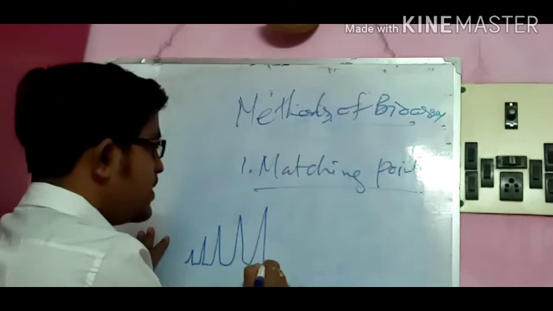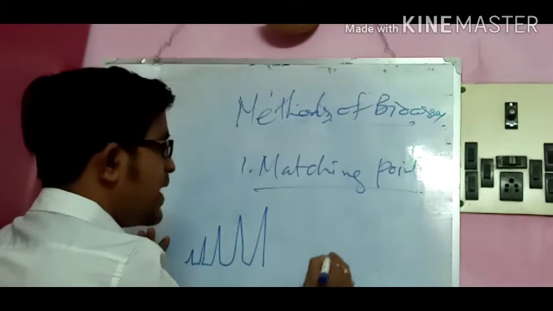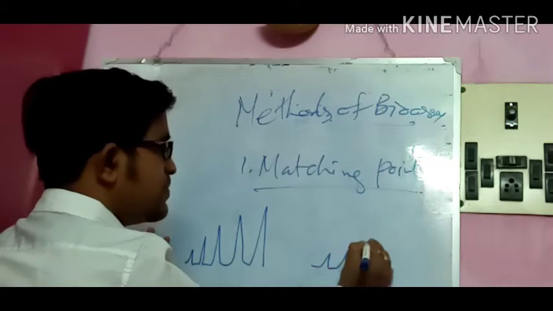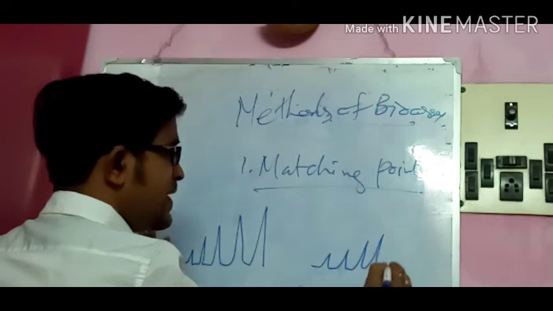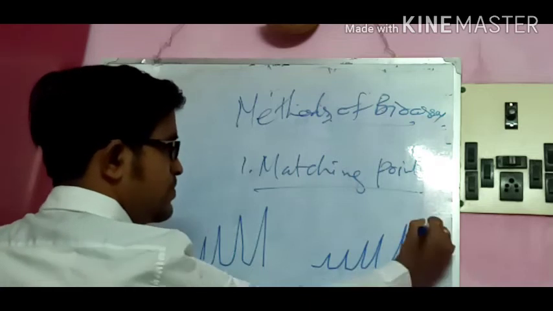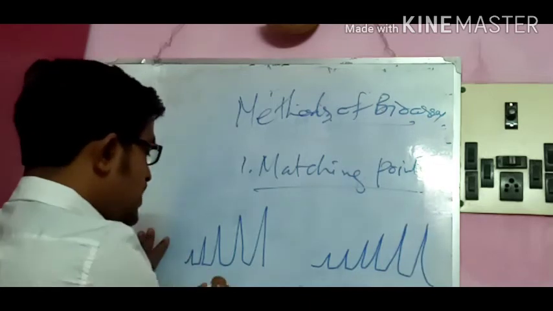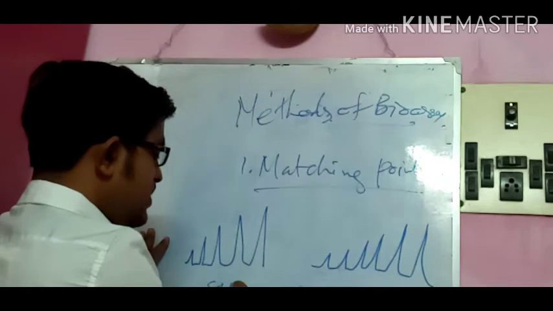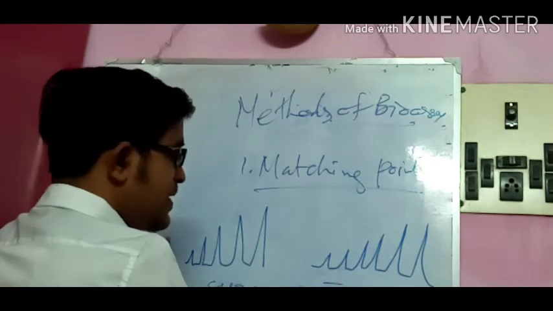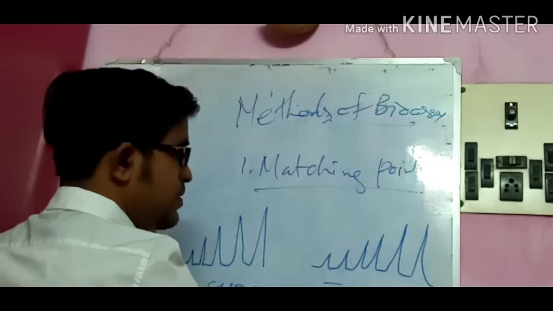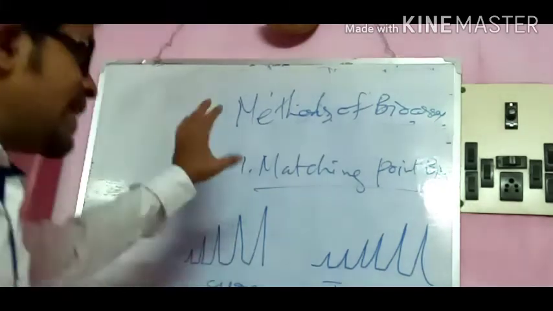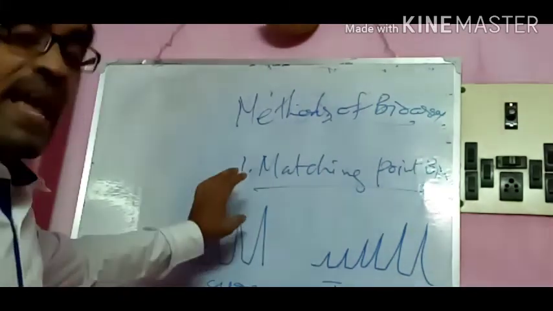So here in matching point bioassay you have to take one standard DRC, along with that one test DRC. So this is the standard DRC and this is the test DRC. The name itself says matching.